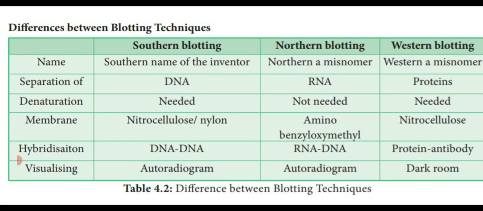These are the differences between blotting techniques, a very, very important 3-mark and 5-mark question. Dear students, I hope you have all understood the different blotting techniques, that is, how we can separate the nucleic acid and how the hybridization process takes place in the nucleic acid.